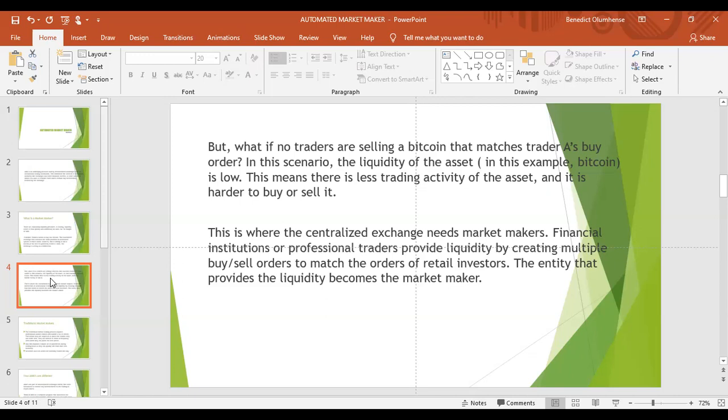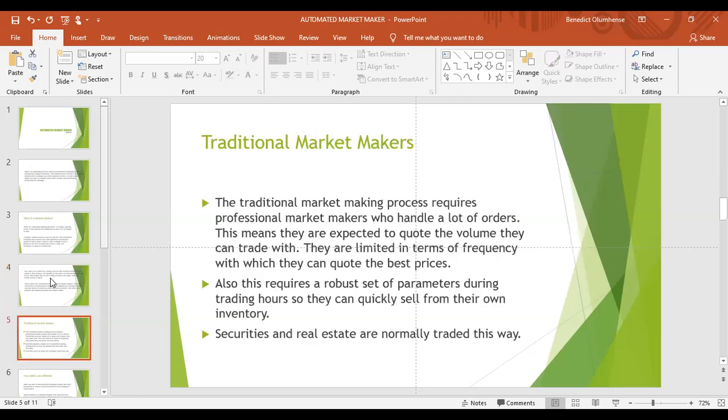Like I said, buy and sell orders in retail investors and centralized exchanges are examples of this, right? So whoever provides liquidity of whatever security is the market maker, whether it's securities or Bitcoin, in our examples, right?